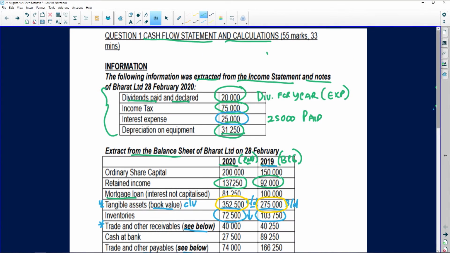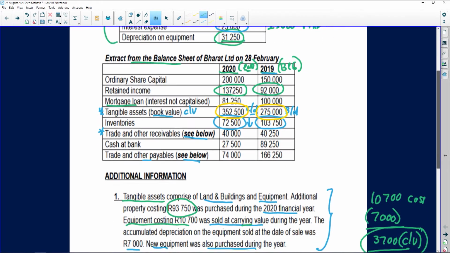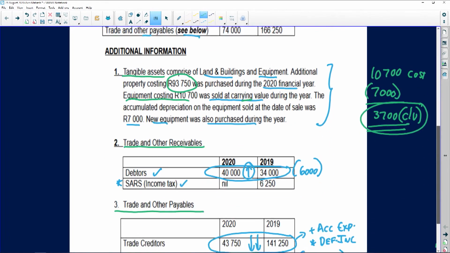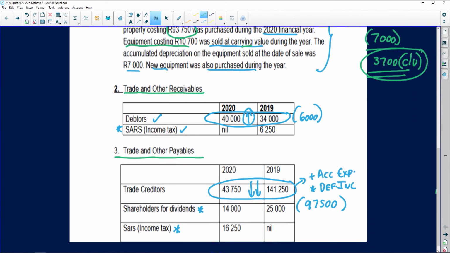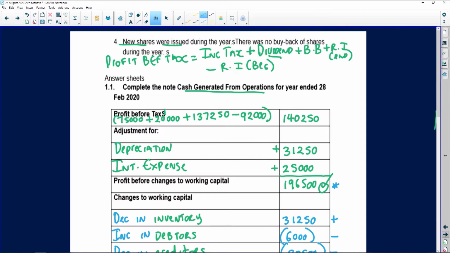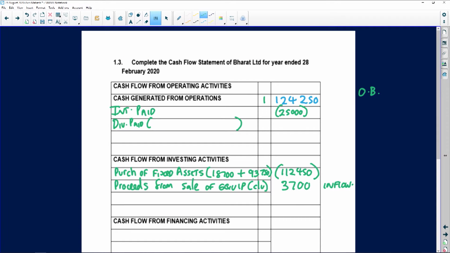If I go to my balance sheet and scroll through the additional information, trade and other payables, shareholders for dividend at the beginning of the financial year, we were owing our shareholders an amount of 25,000. And remember, that 25,000 will eventually get paid, so it's an outflow of cash.